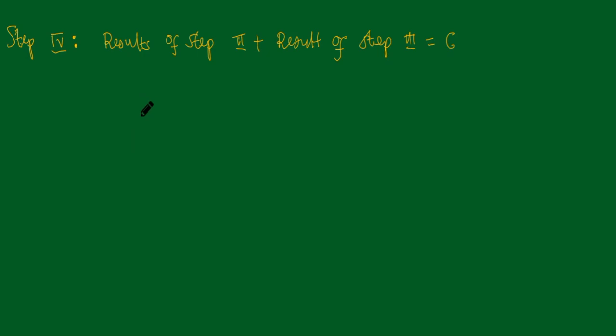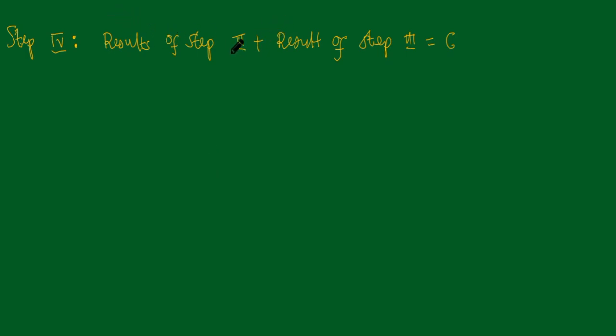We can then proceed to step 4 since we've solved step 3. Step 4 says we should add the results from step 2 and step 3 together, and after doing that, we equate it to a constant c. You could choose any other arbitrary letter for your constants, but I just prefer using c.